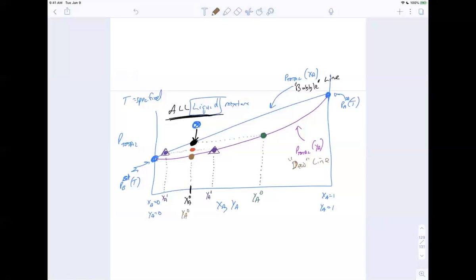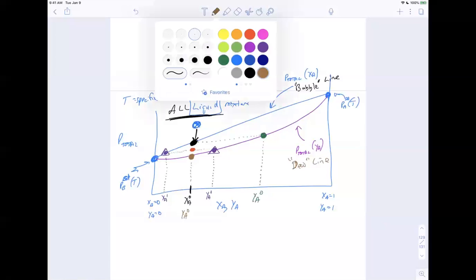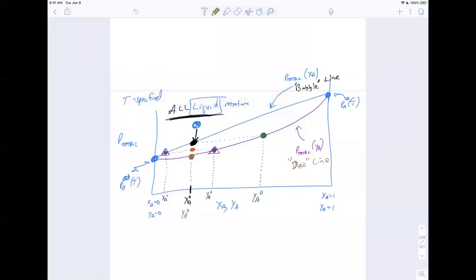But if you want to know what the composition of the droplets is, that dew that's still hanging around at this pressure, all you have to do is understand that the total pressure is the same in both the vapor and the liquid, and then you just read horizontally across until you hit the appropriate curve. And in this case, opposite of what we did when we were coming down from the top, if we go horizontally from this point, it's kind of hard to see perhaps, but you'll hit a point here on the curve.